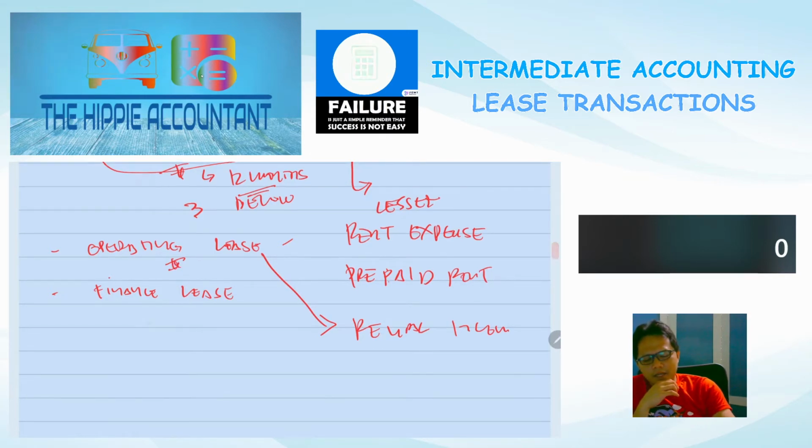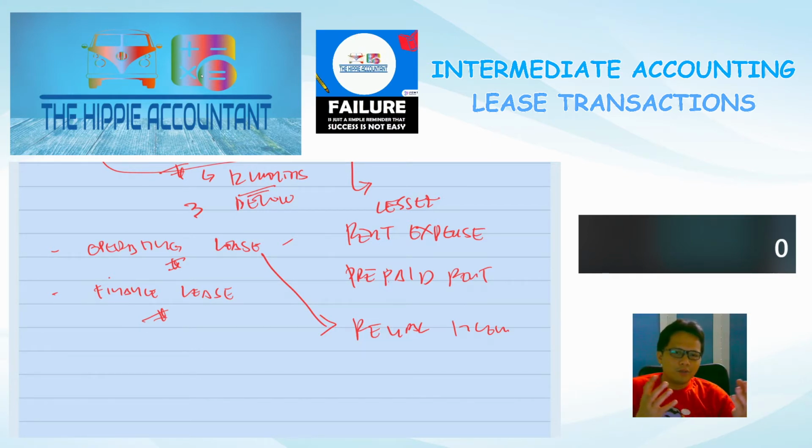Yung finance lease naman, ito yung klase ng lease or ito yung recognition of lease wherein in form, rent siya, but in substance, there is really a transfer of ownership of the subject of the lease.